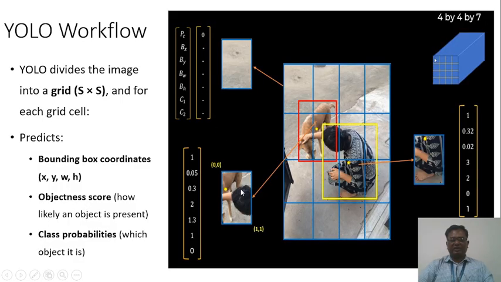Now you take the second example, that is this box. So in this box, based on this center point, the grid box will be drawn, correct? Now only this second grid box will be taken, that is here. So it tries to identify the object, which object has more probability.